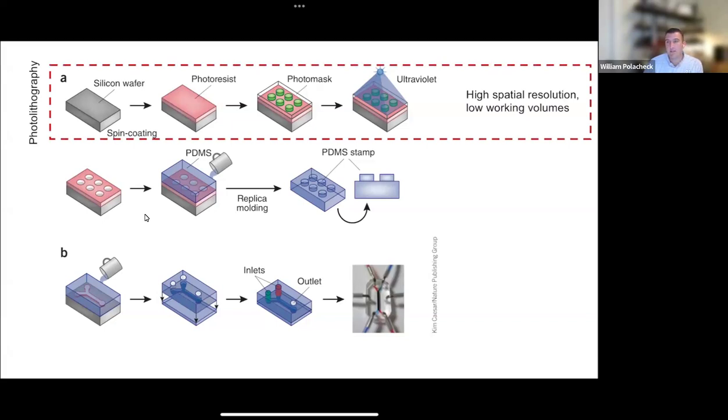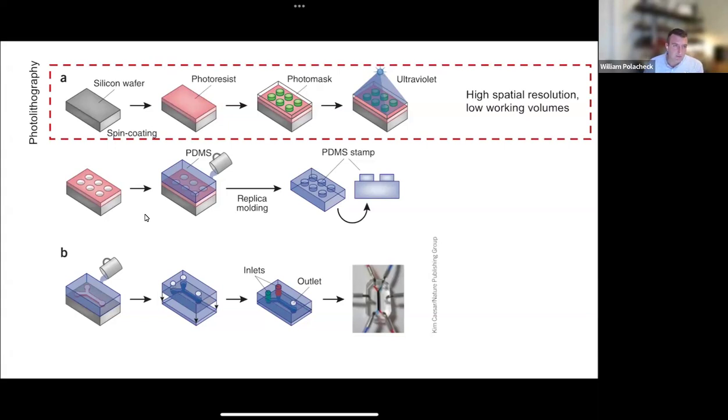We use silicon for two reasons. One is that silicon is the most used material for photolithography, because this photolithographic process forms the basis for how microprocessors and integrated chips are made, the things that allow our phones to be so small and our computers to be so thin.